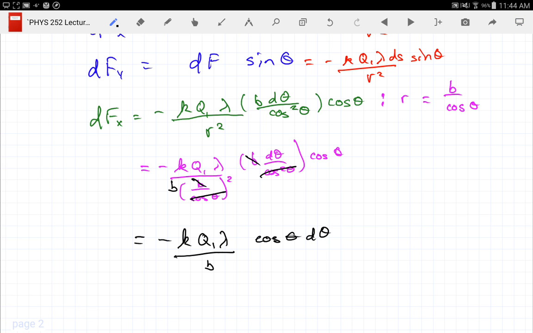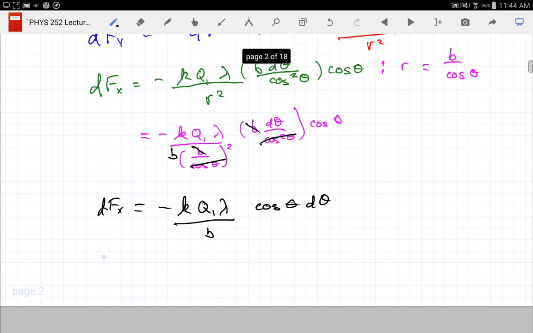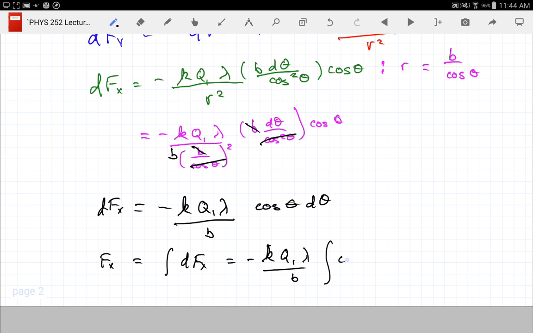That's an easy thing to integrate. So that's dFx, which means that Fx. Now I have limits on this, right?